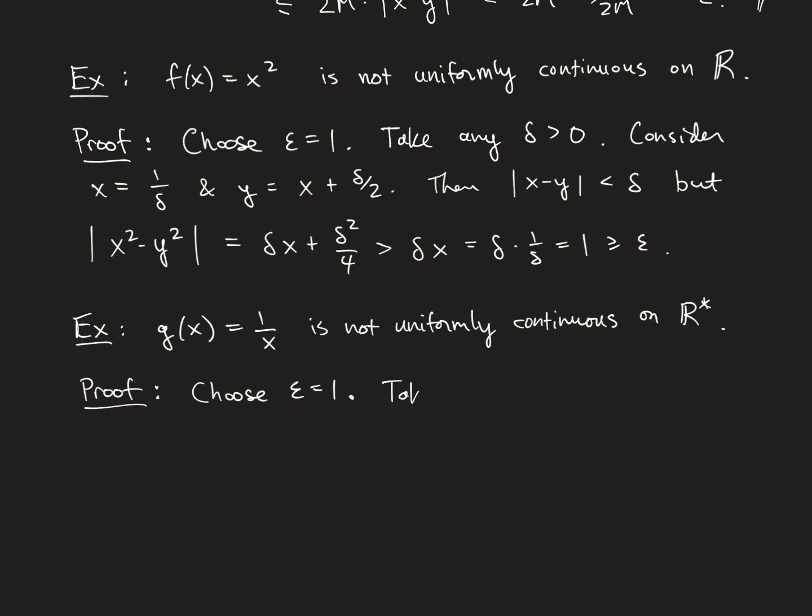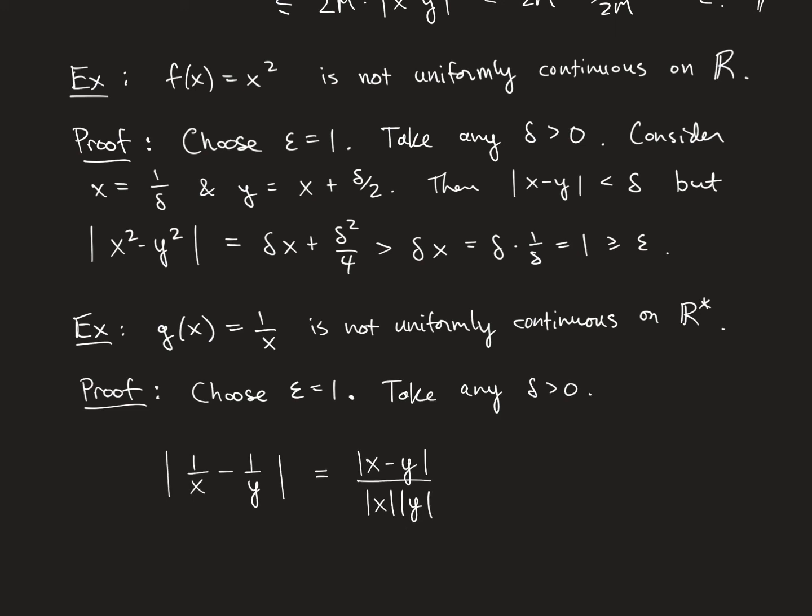And then we'll just copy the format of the previous proof. So take any delta greater than 0. And what we have to consider is the difference between 1 over x and 1 over y, which by getting a common denominator is just this quantity here.